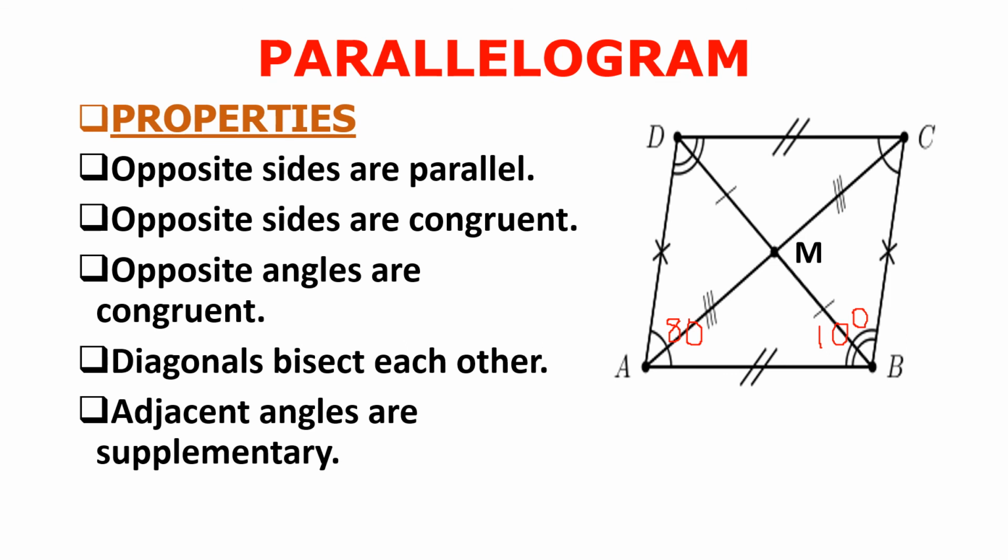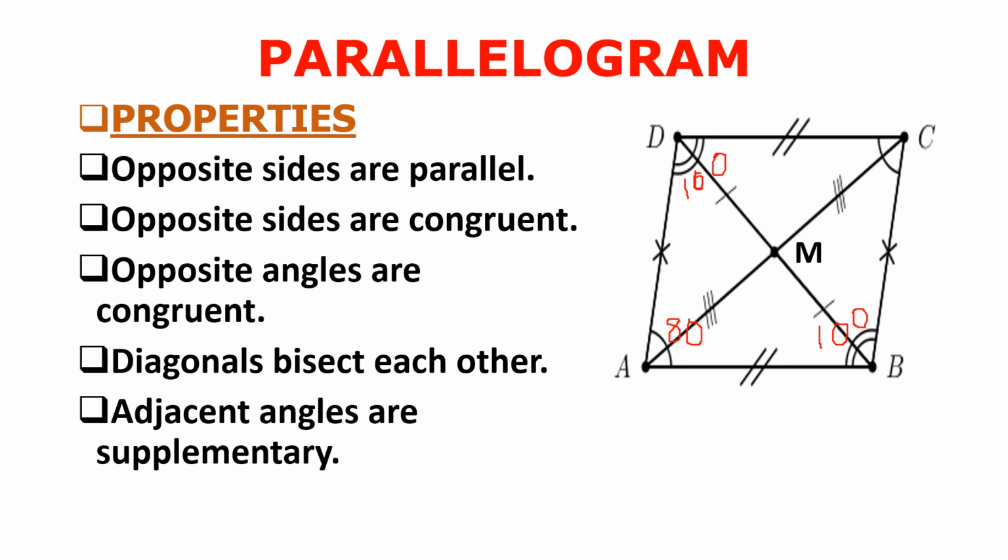Angle D is adjacent to angle A, so angle D and angle A are supplementary. A plus D totals 180. So D is 180 minus 80, which is again 100. I am writing here 100. Clear?